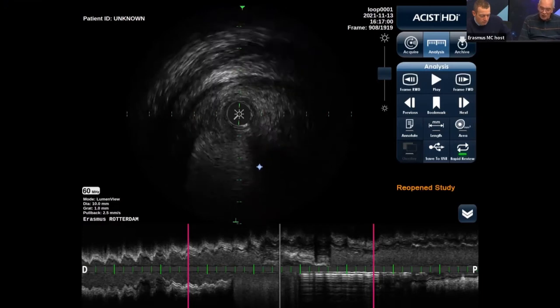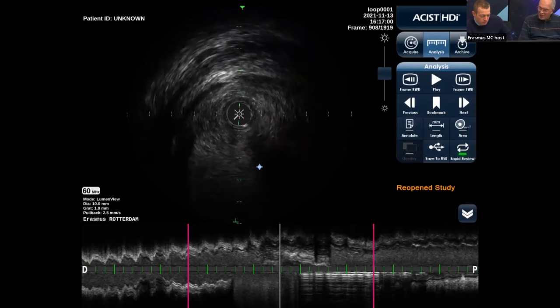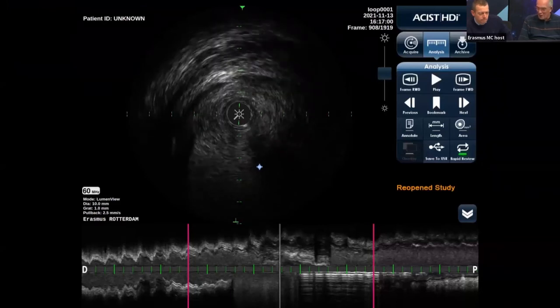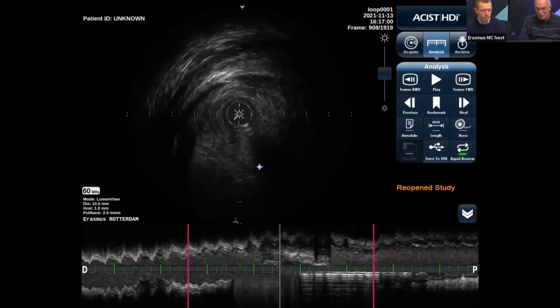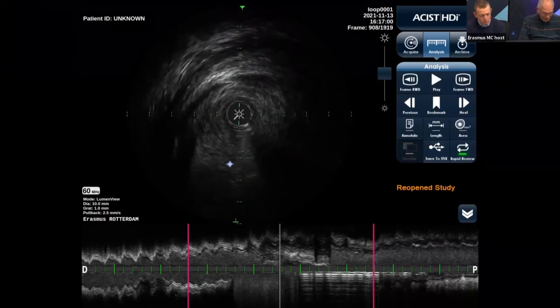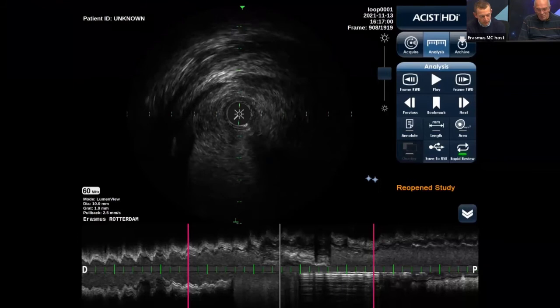And then you will also agree with us that the consensus papers, which still say that with IVUS it's not really possible to appreciate thrombus, that it's a little bit more sophisticated than that. All right, good. Let's go back to the case.